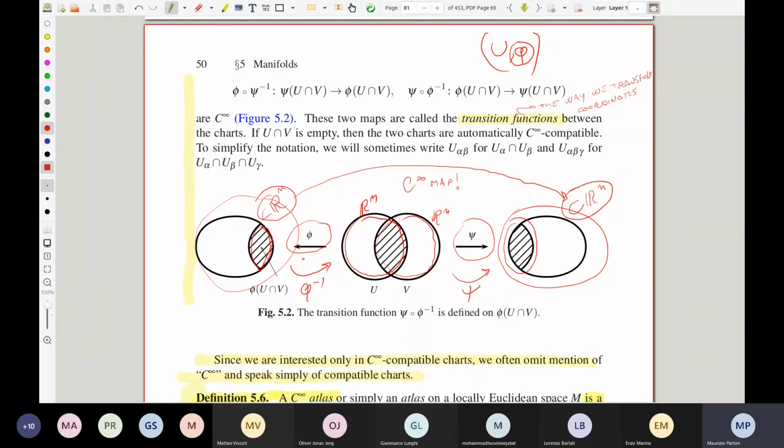This map composed this way and the other map composed the other way are called the transition functions. The transition from one Rn to the other Rn.